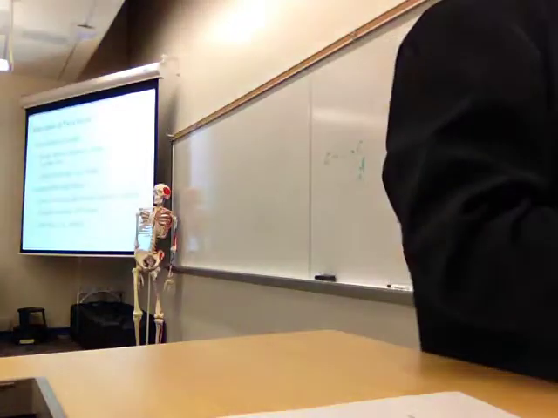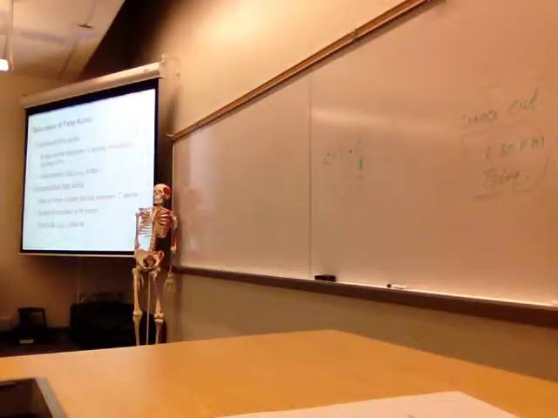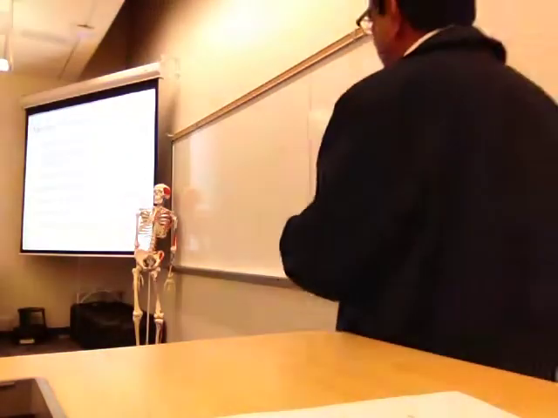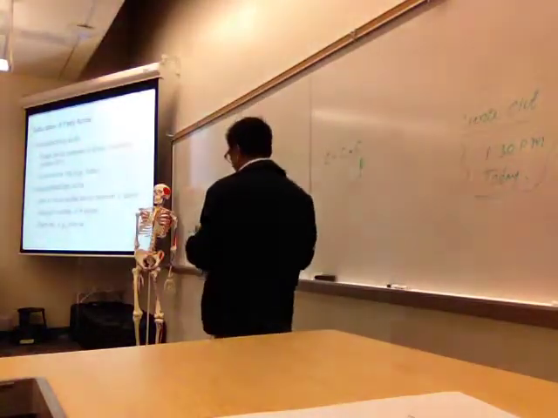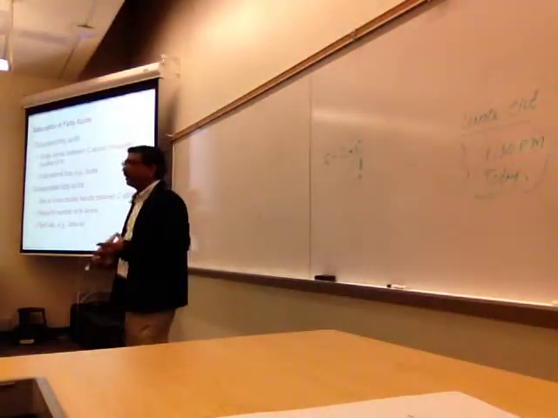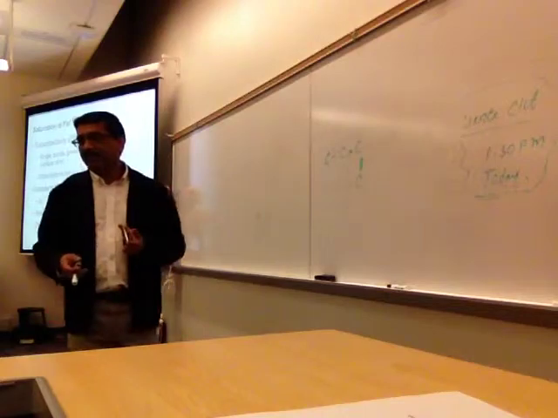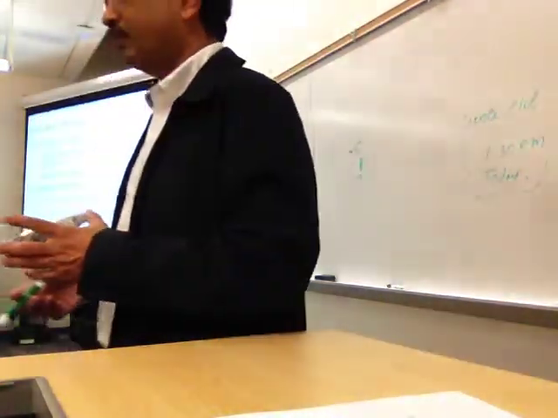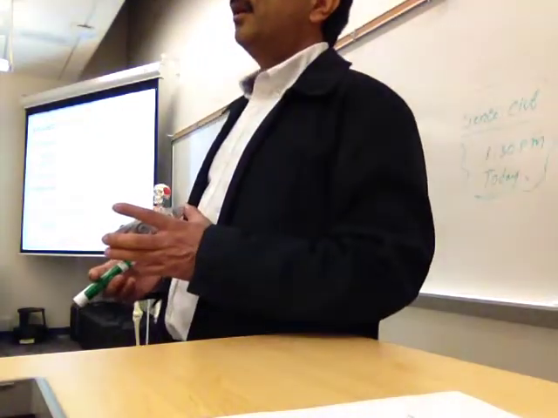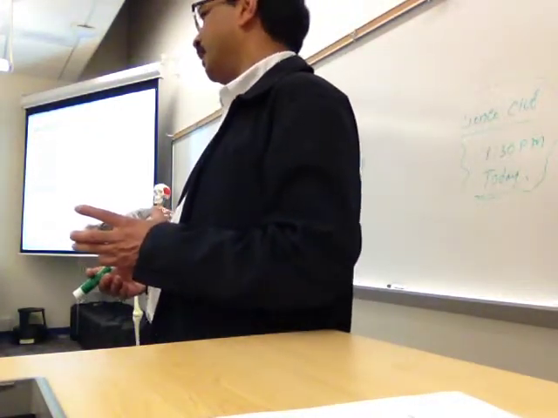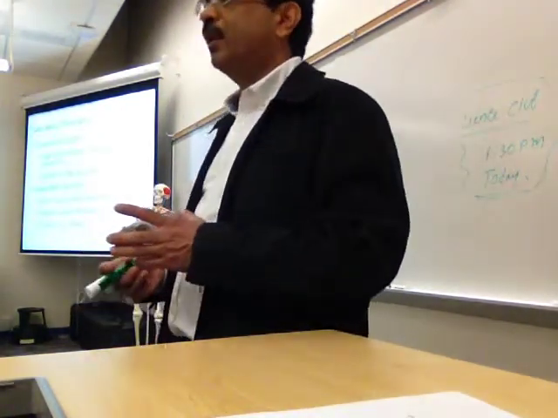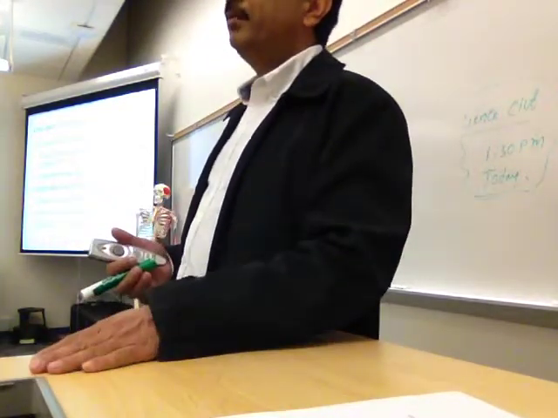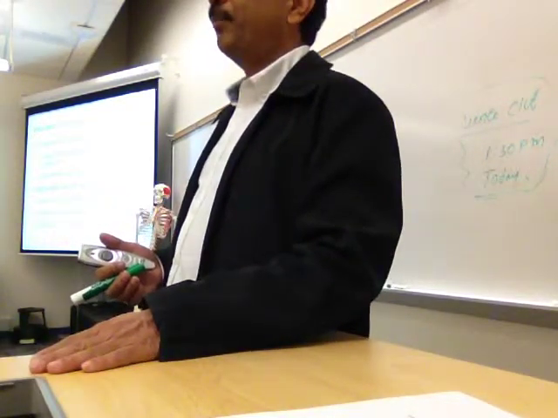So, those are two structural differences. Now, a few other differences. Saturated fatty acids come from animal sources. Unsaturated fatty acids usually come from non-animal sources, like from plants.